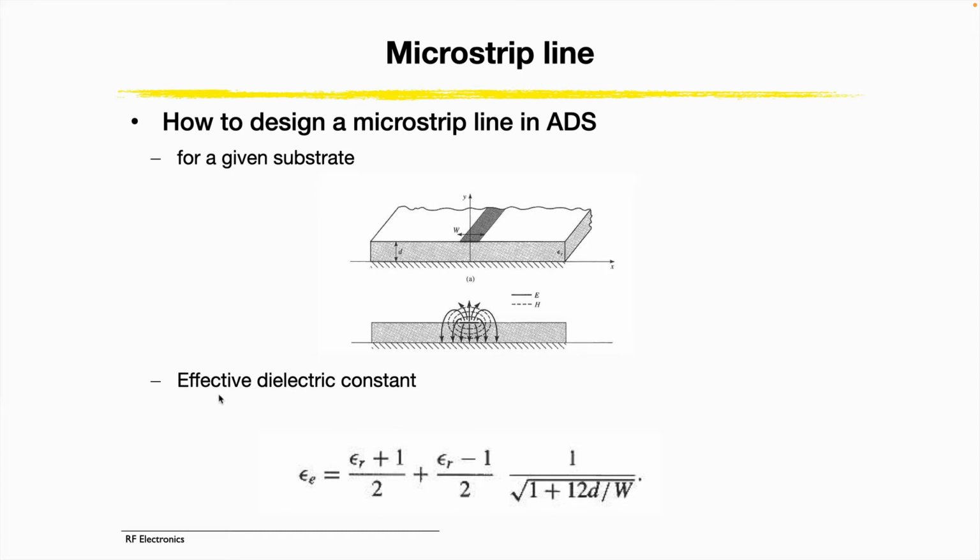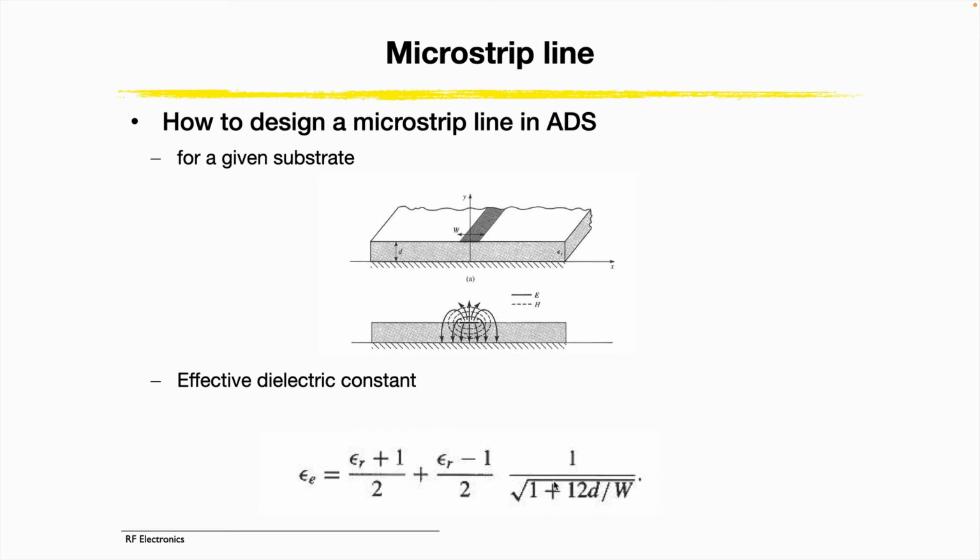And so the electric field sees a dielectric constant between the value of the substrate and that of the air, which is 1. And so we need to calculate an effective dielectric constant, which is calculated according to this value.